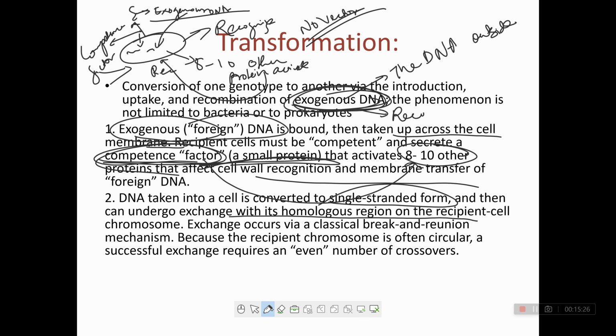After that, it recombines with the recipient chromosome by homologous recombination mechanism, crosses over, mixes with the recipient chromosome and forms a recombinant. Okay, clear?